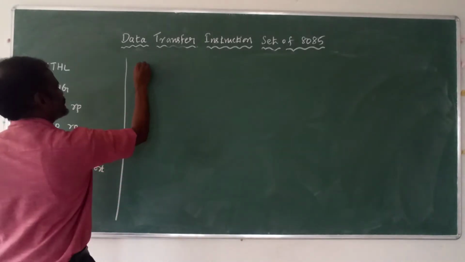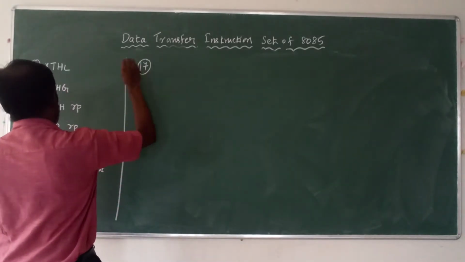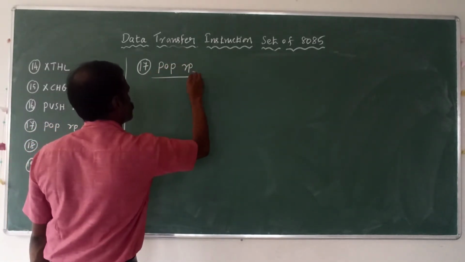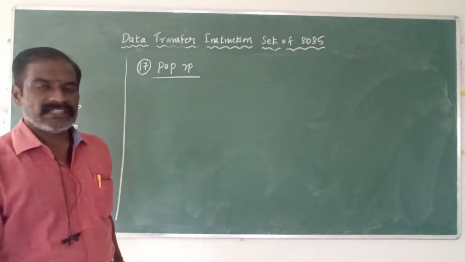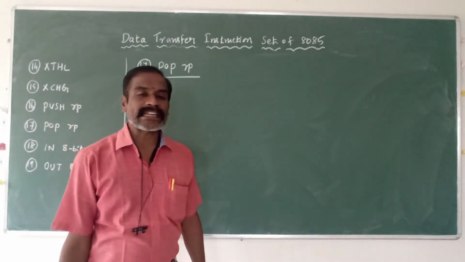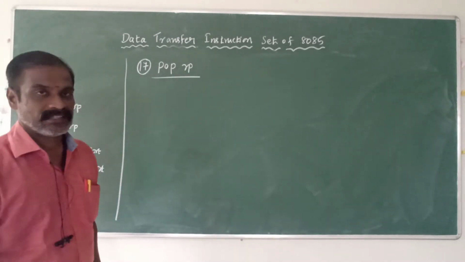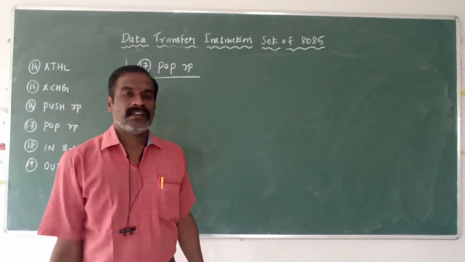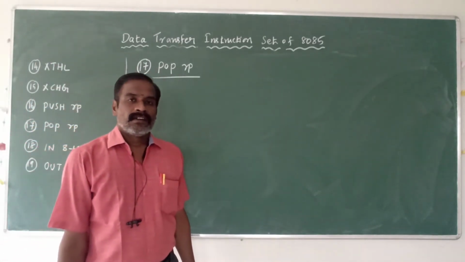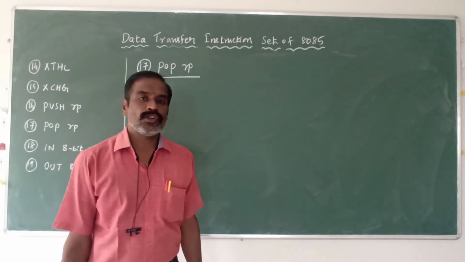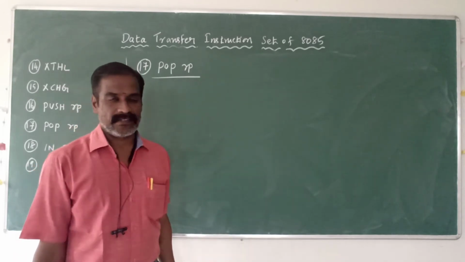Next one, the 17th instruction, pop RP. Pop RP means to retrieve the data, just the reverse process of the push operation. Pop means to retrieve the stack data to that particular register pair.